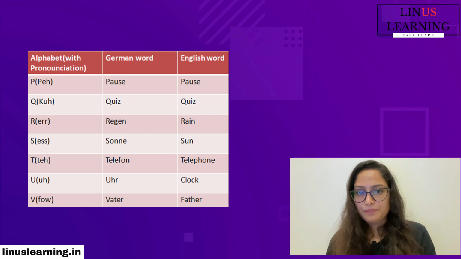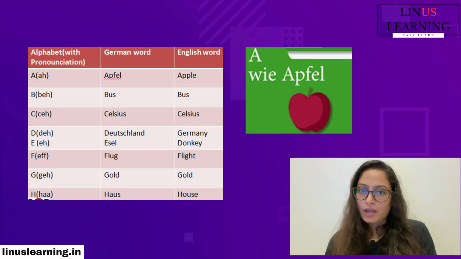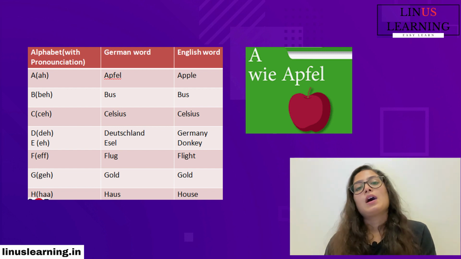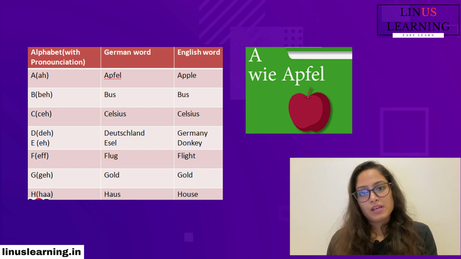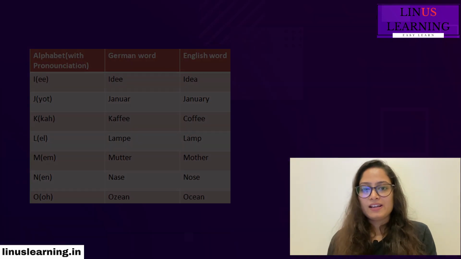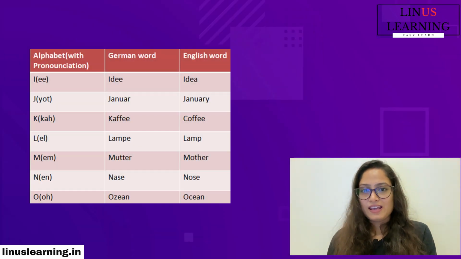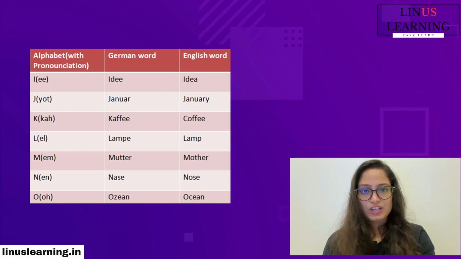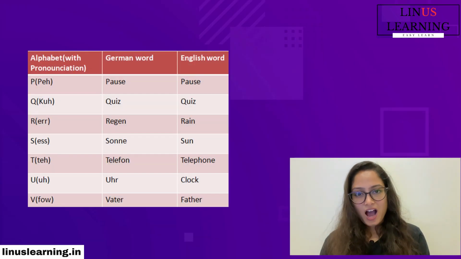So from the very beginning, let's repeat one by one. A, B, C, D, A, F, G, H, E, yacht, K, L, M, N, O, pay.